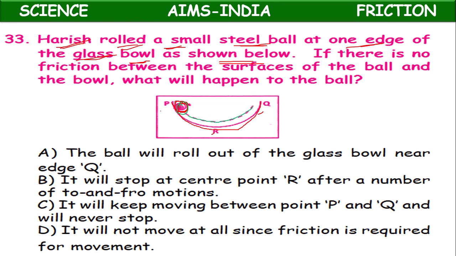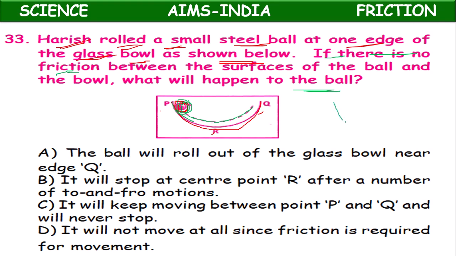Now the question is, if there is no friction between the ball and the surface of the bowl, what will happen to the ball? If there is friction, what happens?